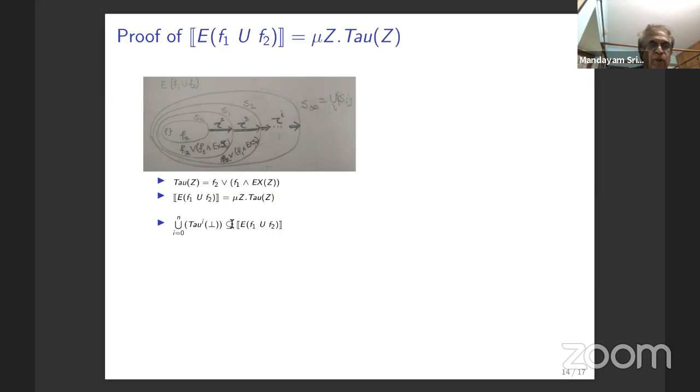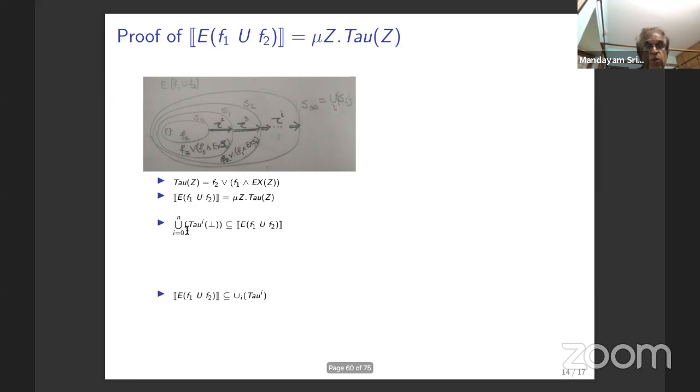So what you really have to show is that this set is equal to the least fixed point as computed by Kleene iteration. On the left side, the meaning of the square brackets, you have to rely on the first principle semantics of the CTL operators.